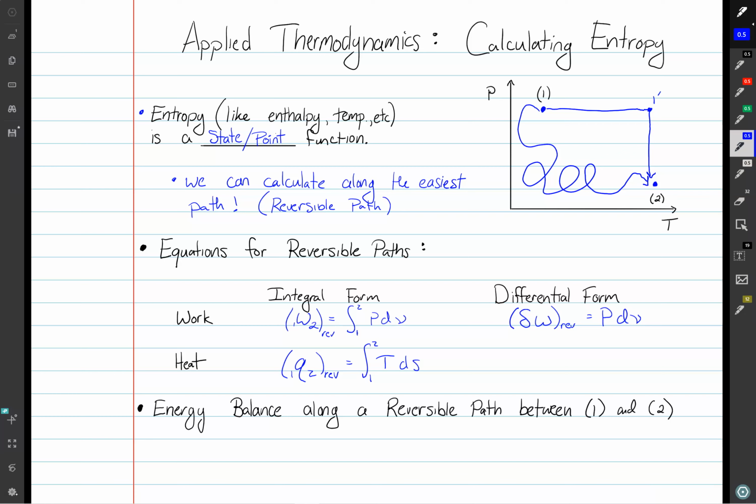Remember, we used this equation when we were looking at Carnot cycles, and we could say that Q equals T delta S. So we have used this before. The same equation applies whether we're talking about a control volume or a control mass. We could similarly write the differential form. It would be the same funny looking dq, and we'll specify that this is reversible, would be T dS.